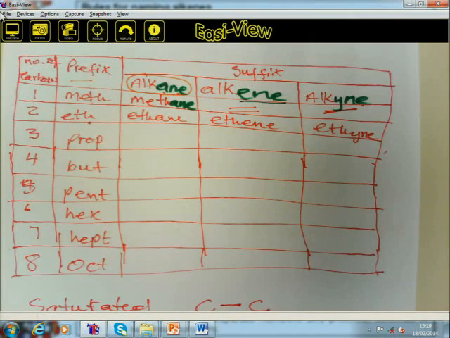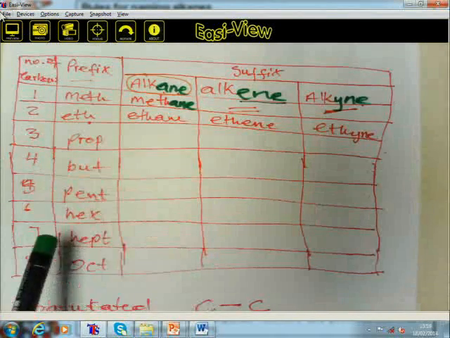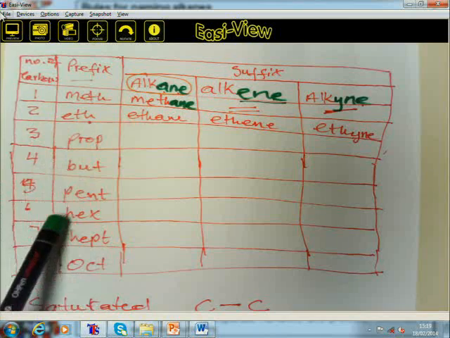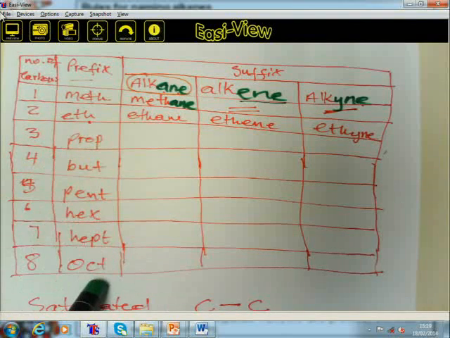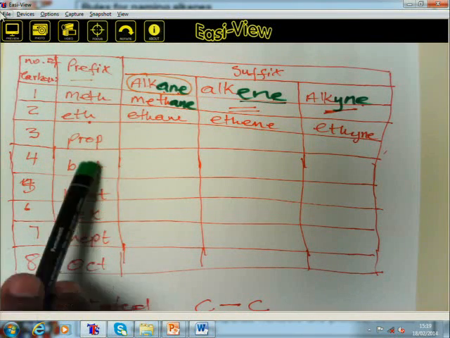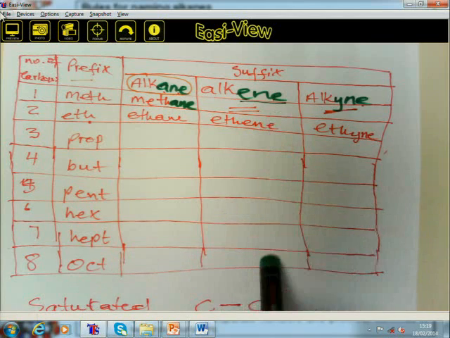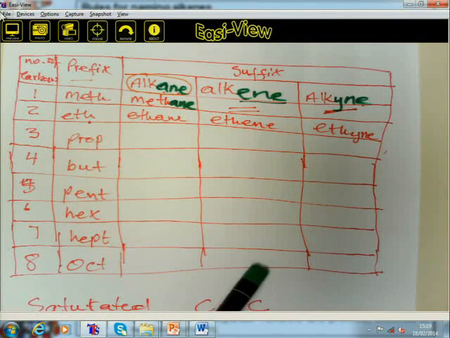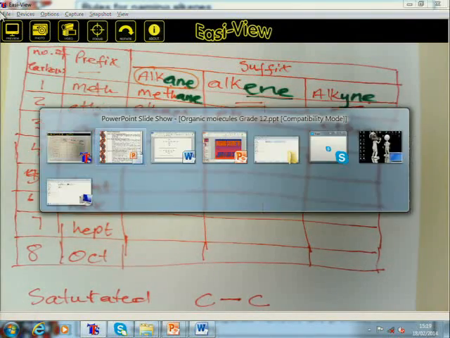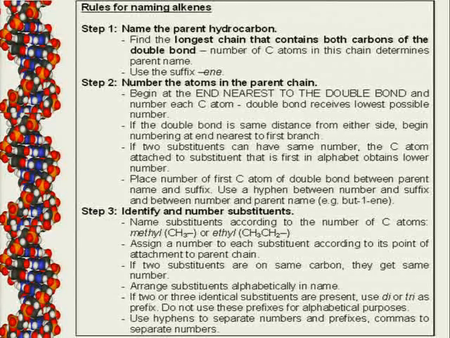And then when you give the name, you will check the number of carbons that you have, and the number of carbons will tell you which parent this compound belongs to, and then the suffix will end with ENE. And then we said the long chain must contain the double bond.